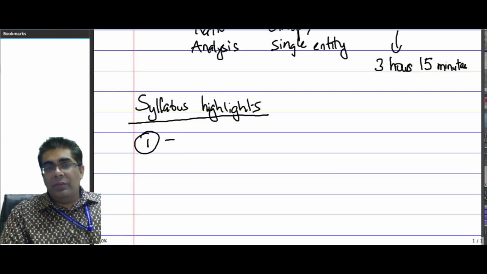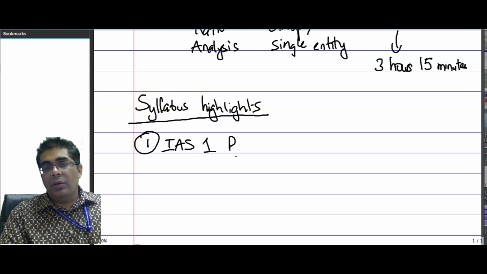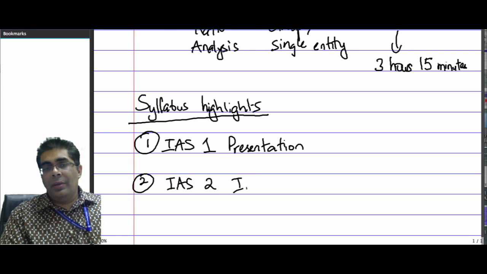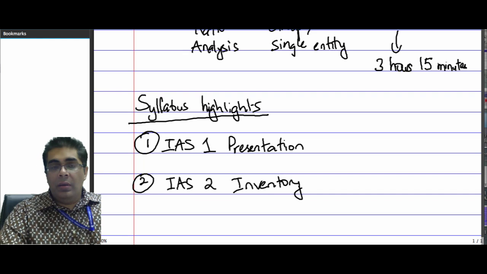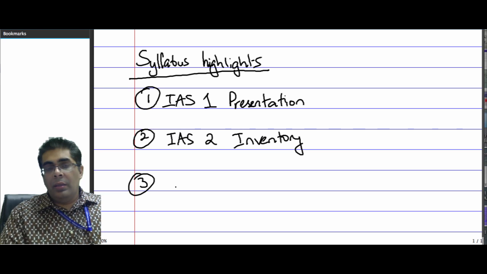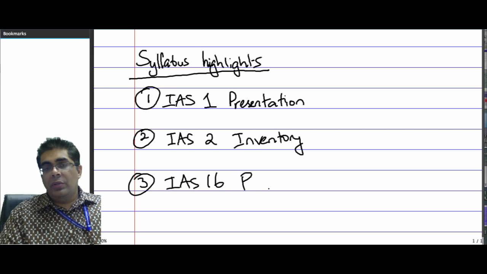You will need for sure your IAS 1 because that talks about your presentation. Okay, you will need IAS 2, which is your inventory. Okay, and then you will need IAS 16, which is your property, plant and equipment.